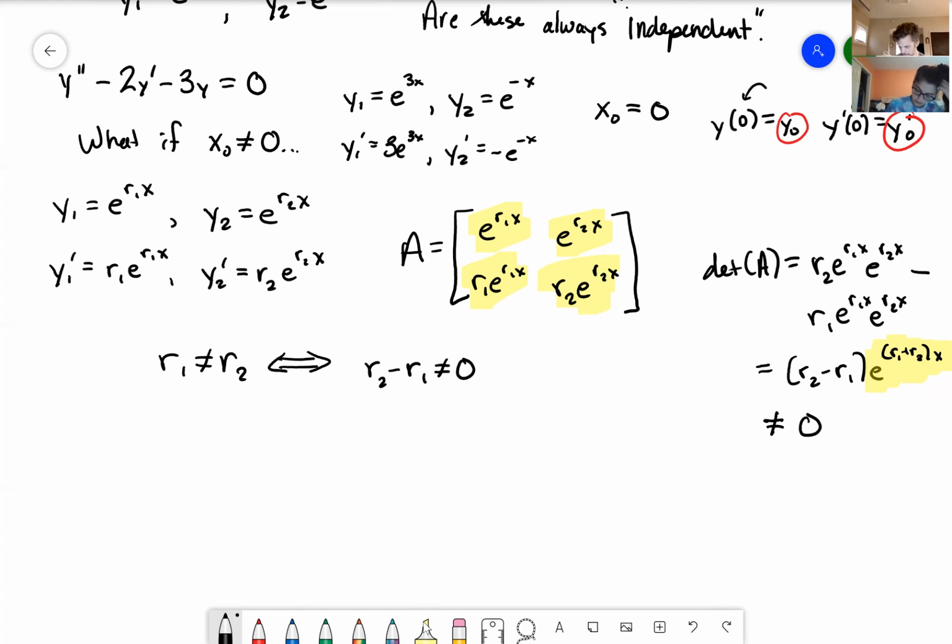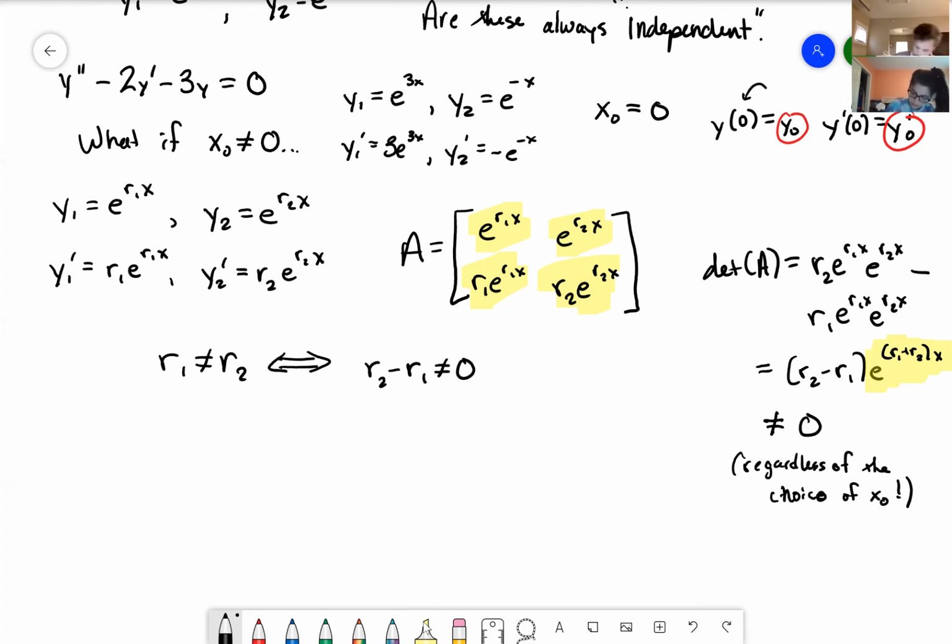So no matter what x we pick, we could always get this. Yeah, this was non-zero, regardless of the choice of x0. So it didn't matter what x0 was.